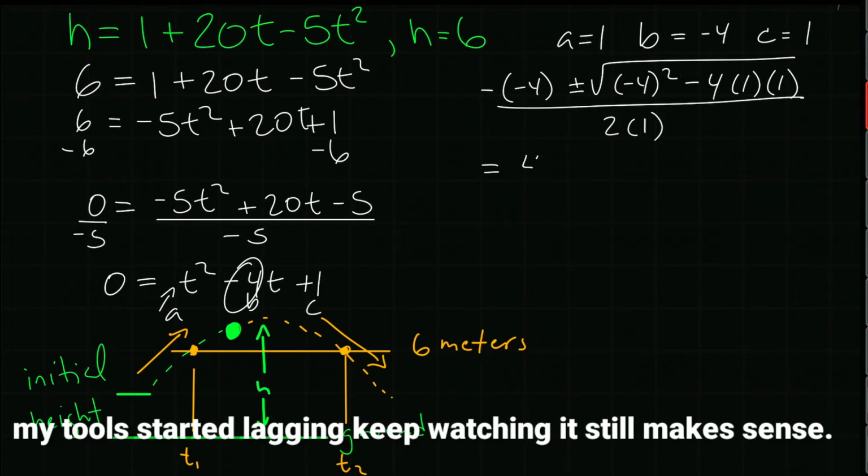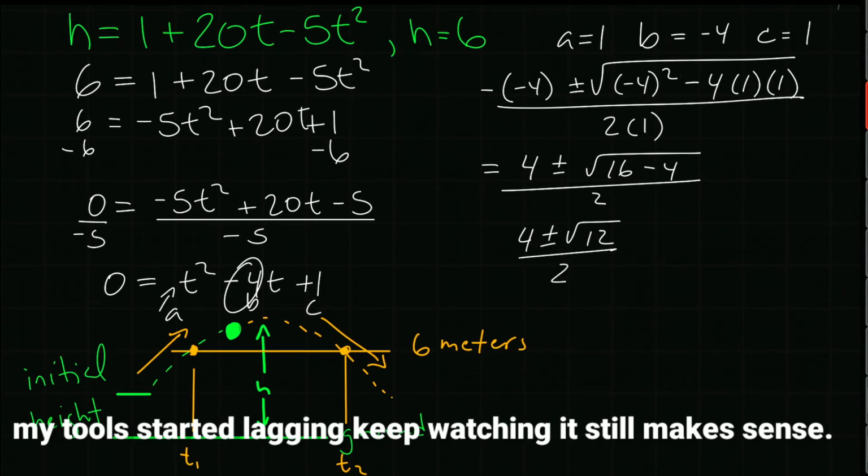And then 4 times 1 is going to be 4. So we have 16 minus 4, all divided by 2. And then we have 4 plus or minus the square root of 12 divided by 2. So that's our time. So now we need to split this up.